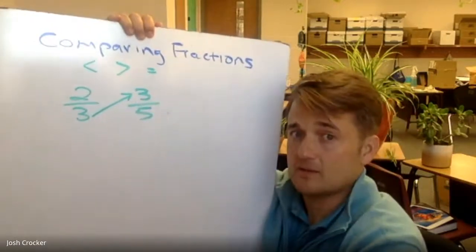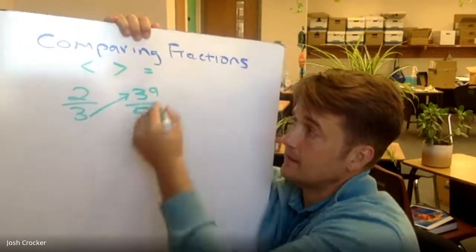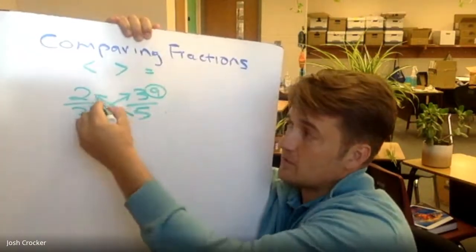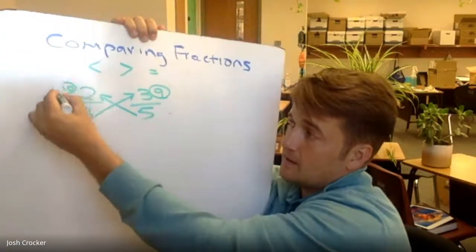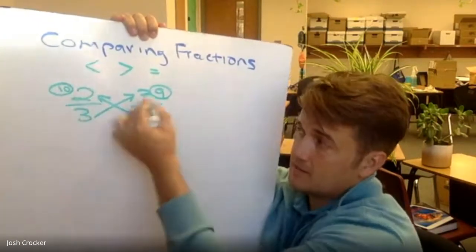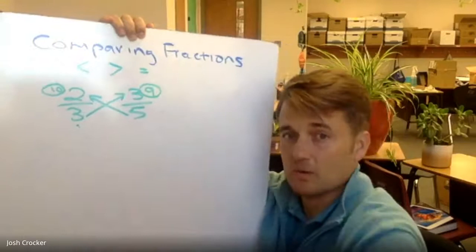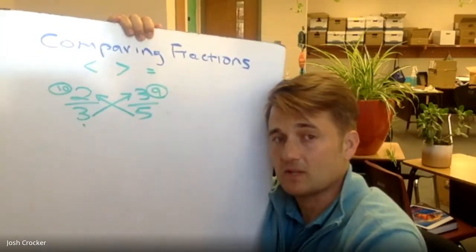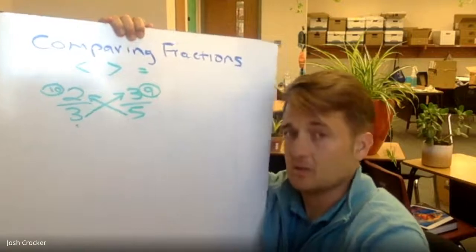I'm going across. 3 times 3 is 9. That belongs to that fraction. I go across this way. 5 times 2 is 10. 10 is more than 9, so 2/3 is more. That's cross multiplication, another way to compare fractions.